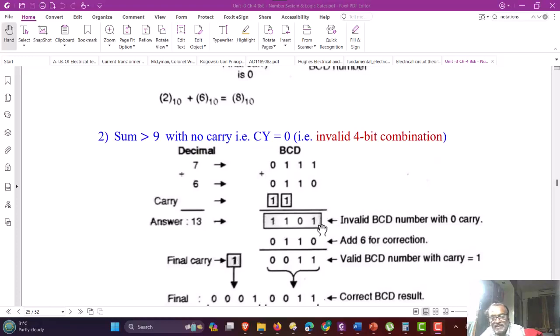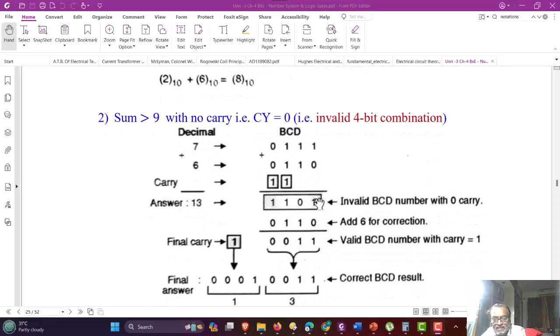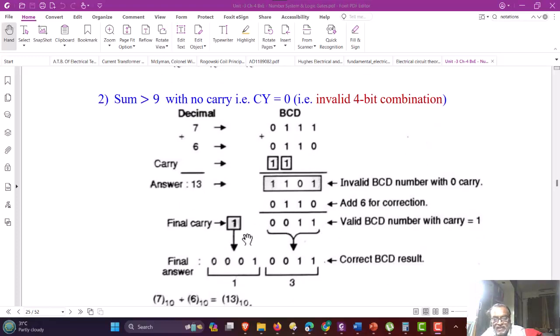So to correct this combination, we have to add 6 in BCD to this invalid number. So we add 6 here. 6 corresponds to 0110. After addition, 1 plus 0 is 1, 0 plus 1 is 1, 1 plus 1 is 0 carry 1, and 1 plus 1 is 0, again carry generated. So the correction is done and carry is generated here.